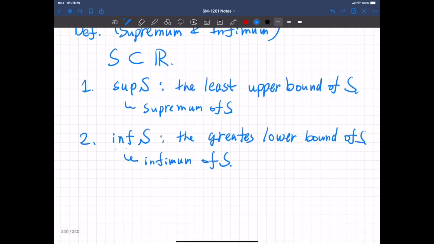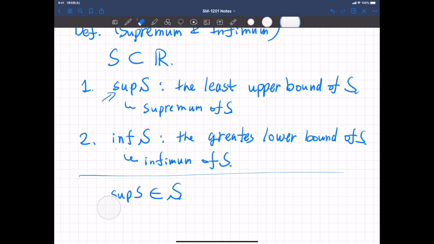Okay, and we should note that it may be the case that supremum of S may belong to S. Now this is a real number. Okay, it's one value of a real number, and so this real number may be an element of S itself, or it may be otherwise.